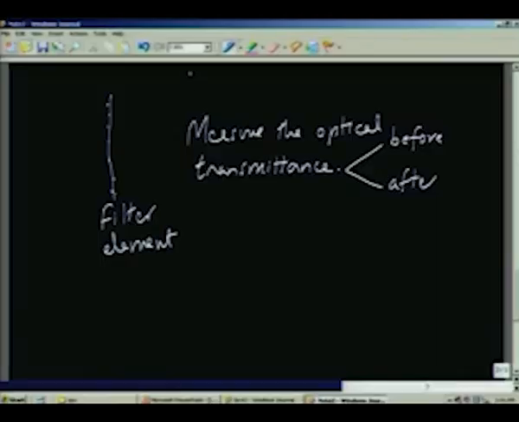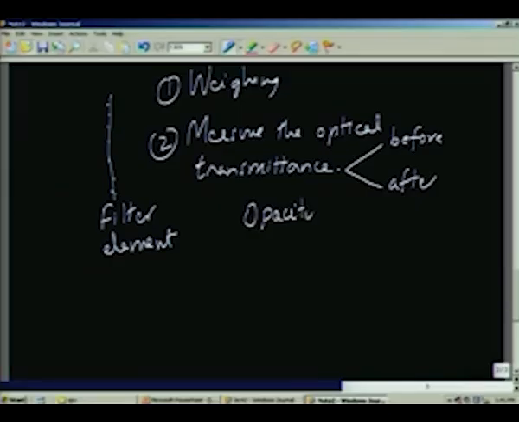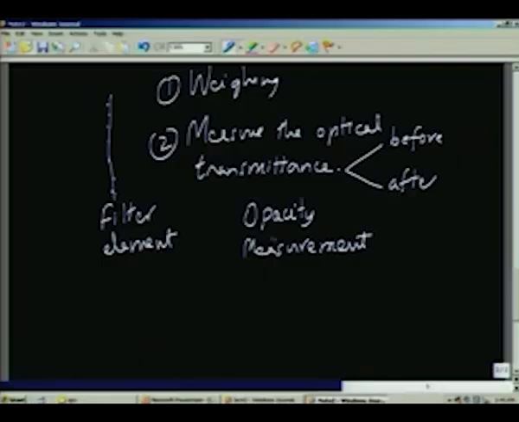One, as I already said, is weighing, the first one. Second one is measuring the optical transmittance of the filter element. This measurement is called the opacity measurement.